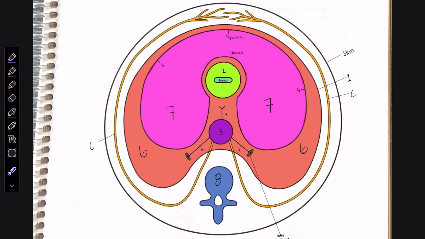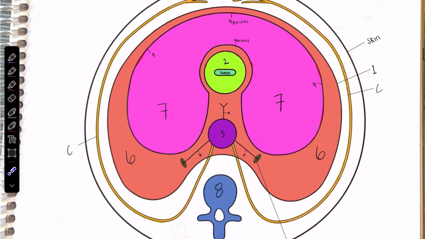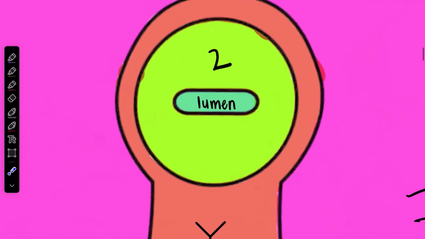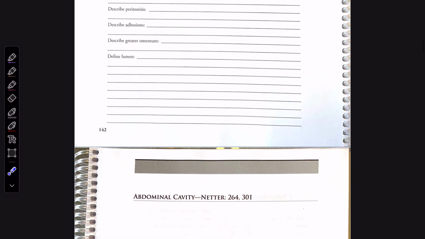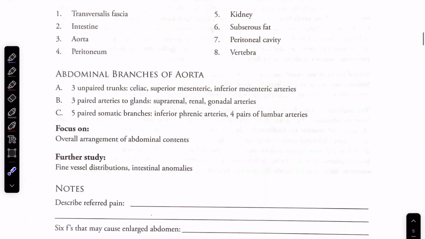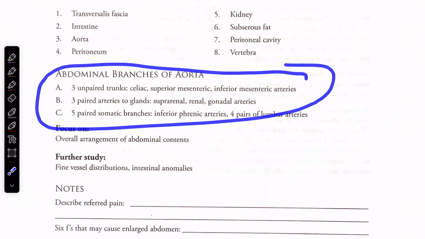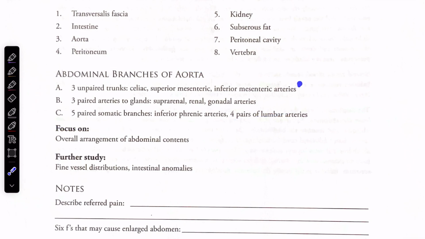So that's really it for this video. I guess the only thing I really didn't touch is this is considered your lumen, or the opening inside the organ right here, your lumen. But like I said, the most important part, I can't emphasize that enough, is this information found on the page before. Coming off anteriorly, you got 3 unpaired trunks.